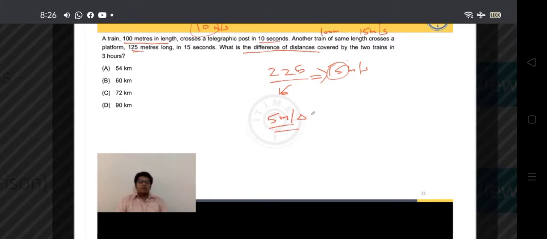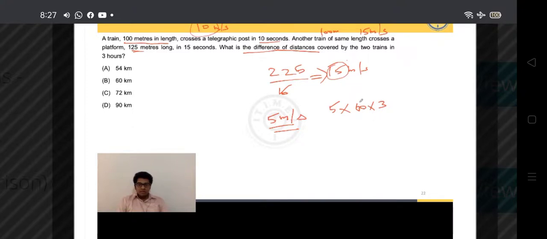I have to take it for 3 hours. So for 1 second, it is 5 meters. For 3 hours, 5 into 60 into 60 into 3. For 60 seconds, it is 1 minute.